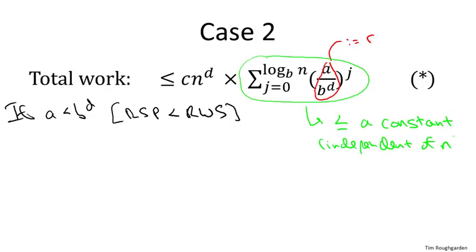We just learned that any such sum is bounded above by a constant, independent of the number of terms that you sum up. So therefore, what does this expression star evaluate to? It evaluates to c, which is a constant, times n to the d times another constant. So suppressing the product of these two constants in big O notation, we can say that the expression star is upper bounded by big O of n to the d.